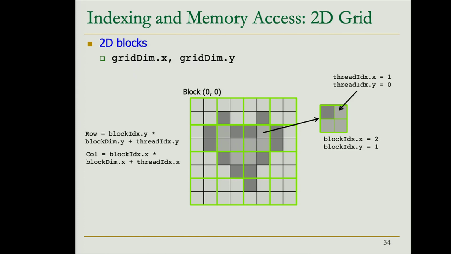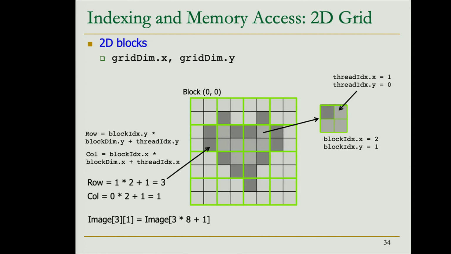If we want to access a specific element in a specific row and column of the image, the expressions that we need to use are these ones. You see? blockIdx.y times blockDim.y plus threadIdx.y determines the row here. I hope this is clear. If it's not, it will take you 30 more seconds to look at it yourself.